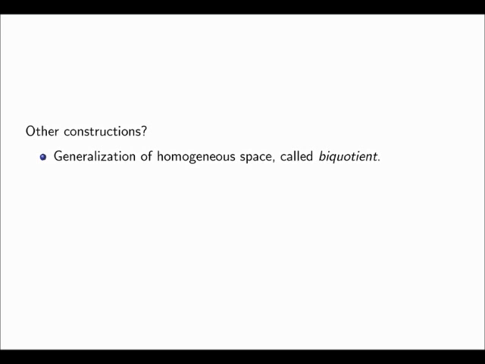For the biquotient, we take two different subgroups, K and H. So here you have the space, right? And then you just take another quotient by another subgroup. Then you can put a natural metric on this manifold. For the biquotient, we have more examples.